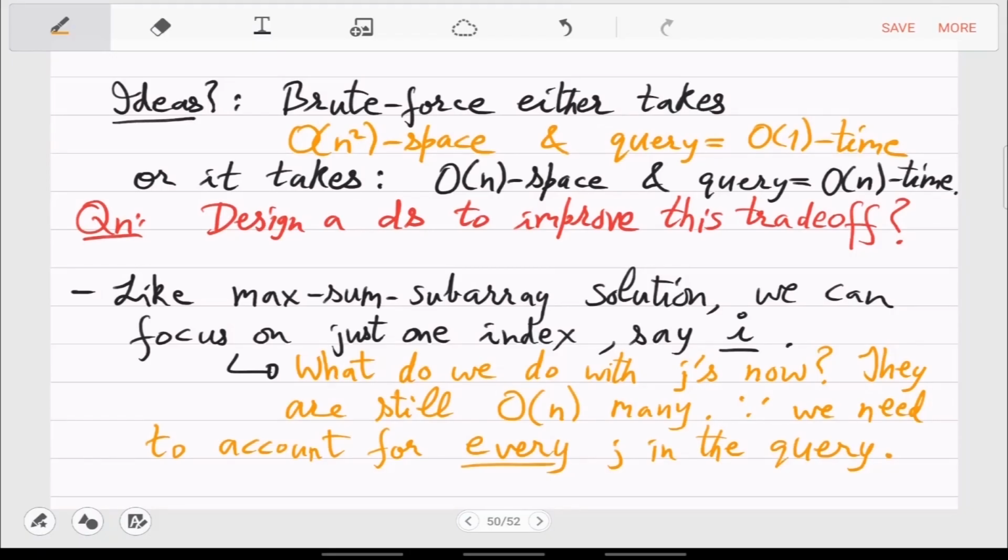So if we just went over all the j's, then it again will go into this order n square. So this is still taking n times order n kind of space and time. Right, we have not gotten out of that curse.